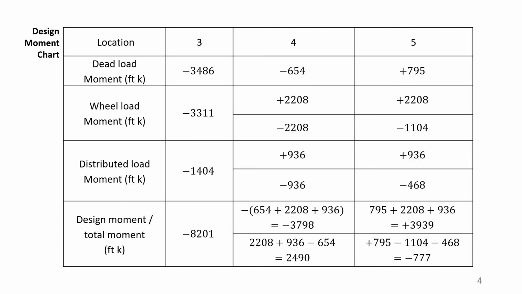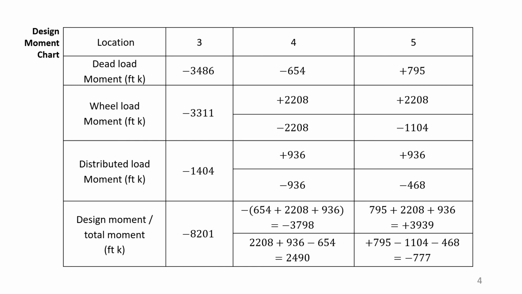That's why we will add this with the positive wheel load of 2208 and distributed load of 936, and that will give a big positive moment of 3939.